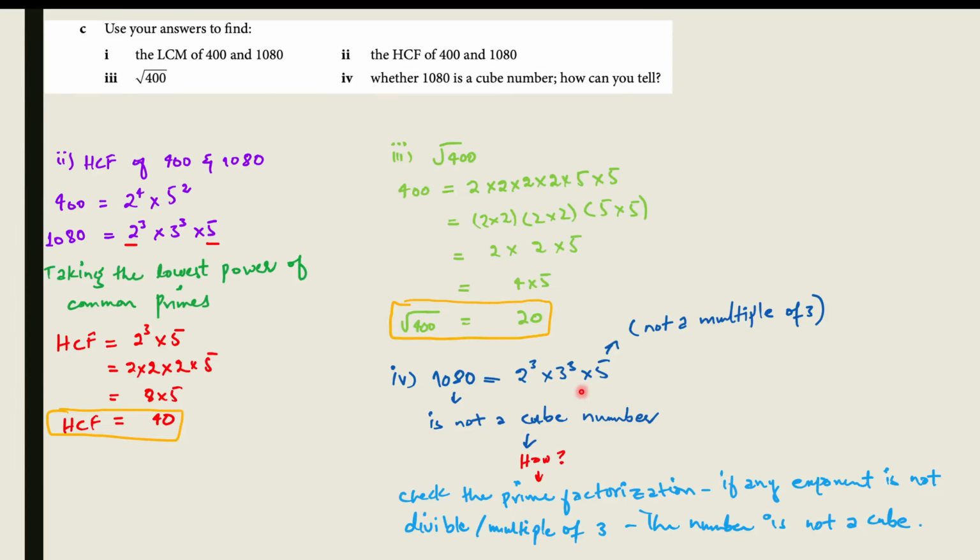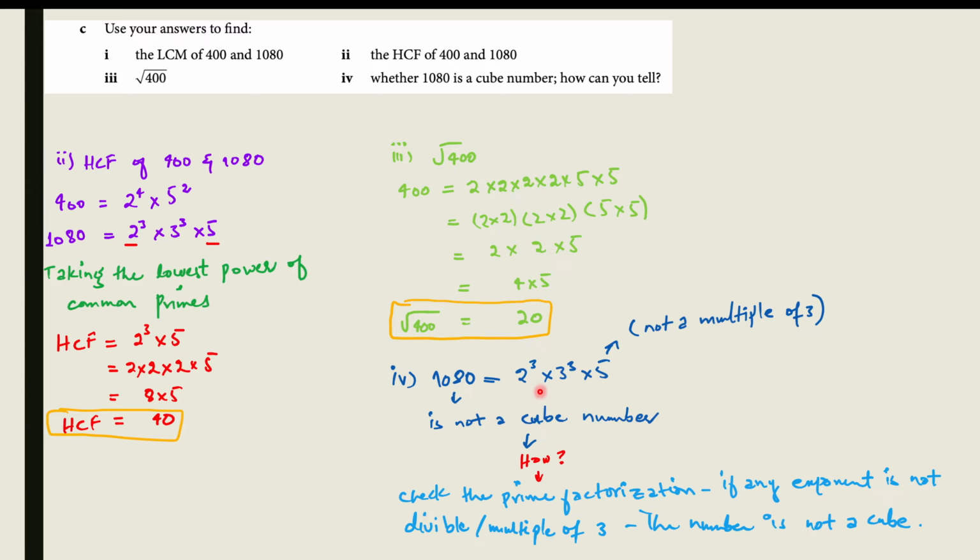Among the primes, the 5 is the prime whose exponent is not a multiple of 3 or divisible by 3. Therefore, if it had 5 raised to the power of 3, we would have said that it is a cube number.